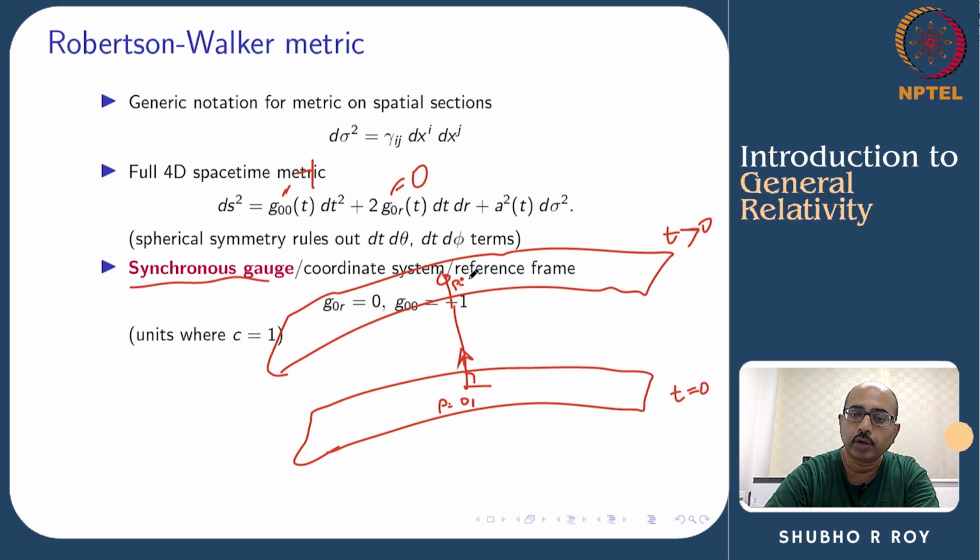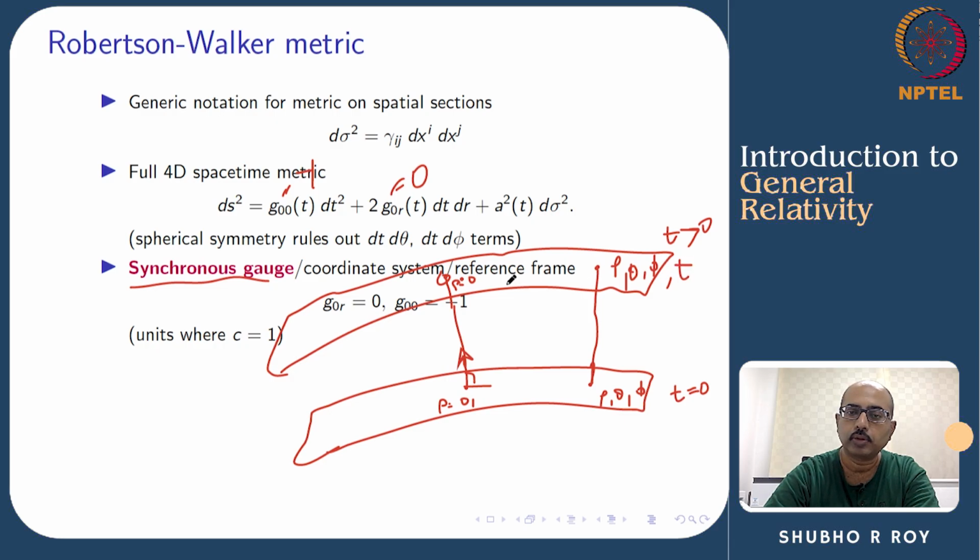And you do this everywhere, not just for rho equal to 0. You start from somewhere else where you have rho theta phi. And again, you draw the normal vector and continue the normal and see where it intersects on this later time slice, and make the coordinates of that point rho theta phi. If you do that, the spatial coordinates are rho theta phi, and the time coordinate will be t.